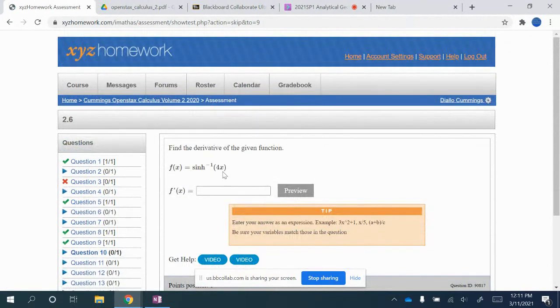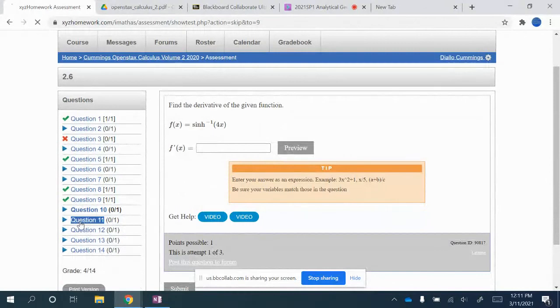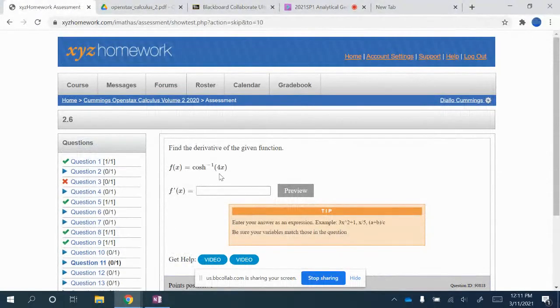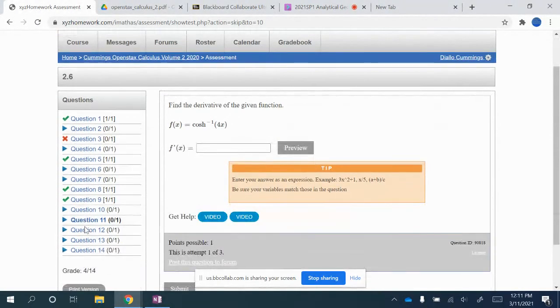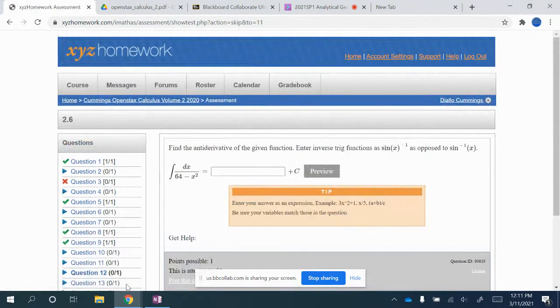So number 10 is similar. We would use a chain rule, outside, inside derivative. 11 is similar. Now for problems 12, 13, and 14, we're asked to integrate our functions.